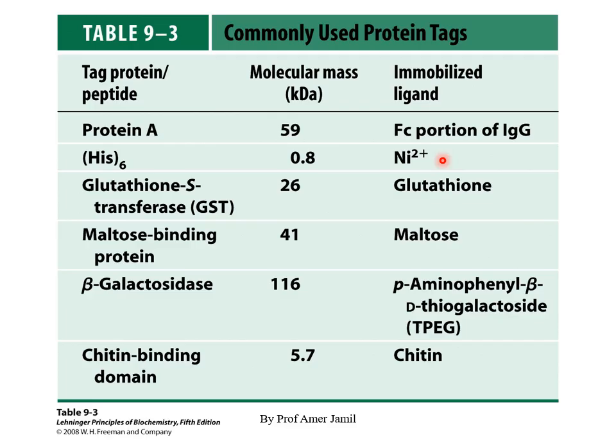So what to do with this tag which is attached? We just remove the tag with the help of the enzyme enterokinase, which cuts the tag from where it is attached to our protein of interest.